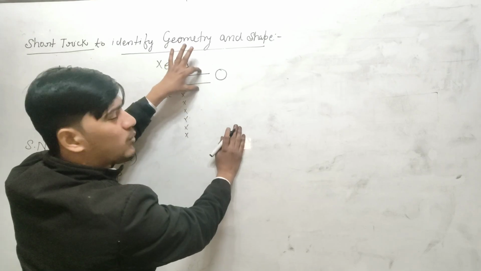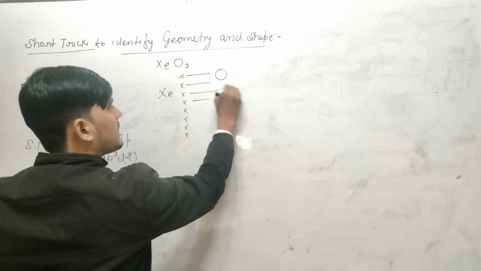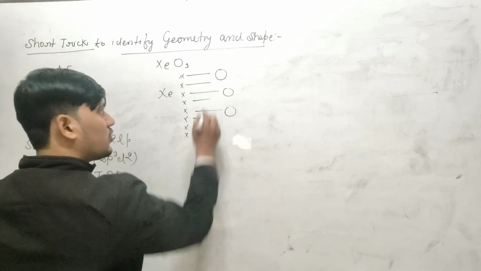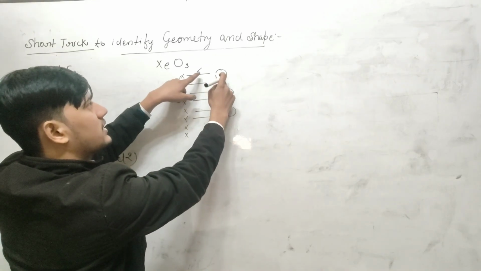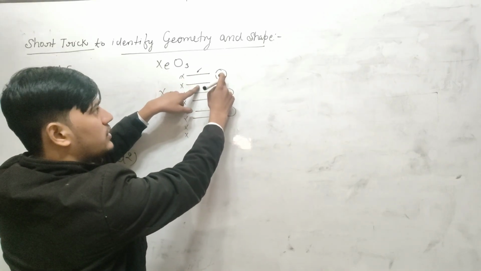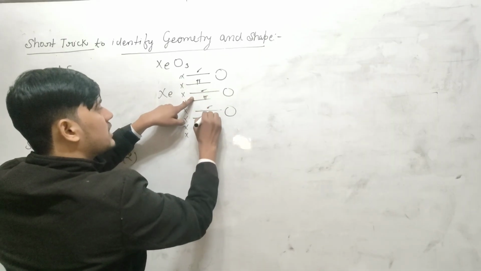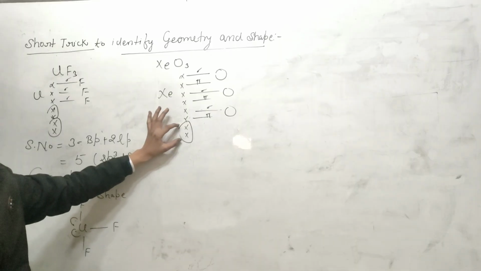So two bonds are made by the oxygen, and the second and third oxygens make bonds like that. So there is one sigma bond, and the other bond on the oxygen atom will be a pi bond. This is sigma, this is pi, this is sigma, this is pi. The remaining electrons will be considered as the lone pair.